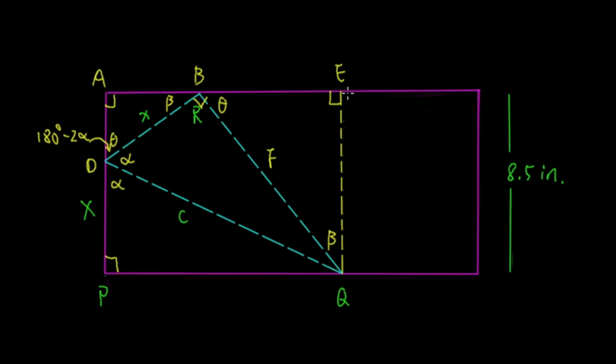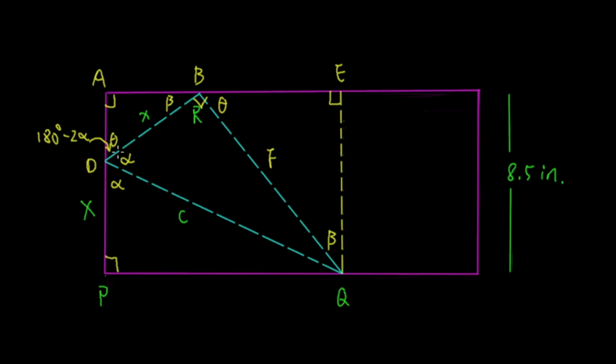Because we know that this side here, EQ here, is just the same as this here, which is 8.5 inches. Then we should be able to find out what f is. And what's the point of finding out f? Because this is c here, we're trying to find, right? Actually c squared, but we can find c first, right? Or c squared right away.